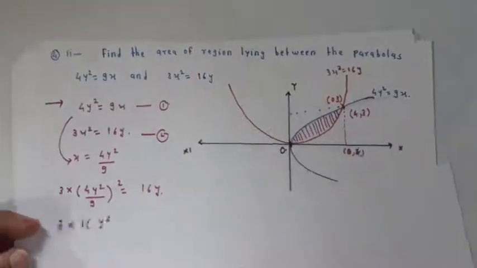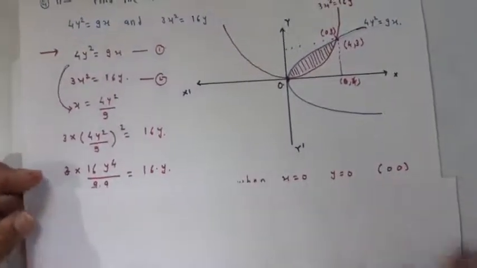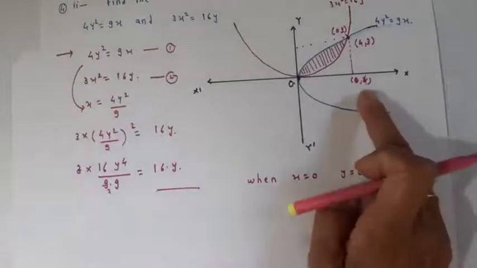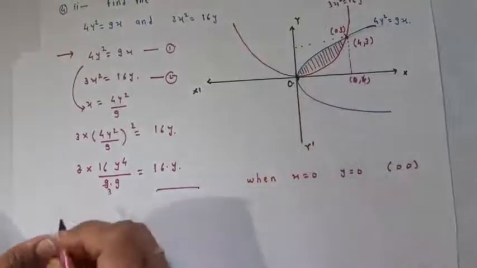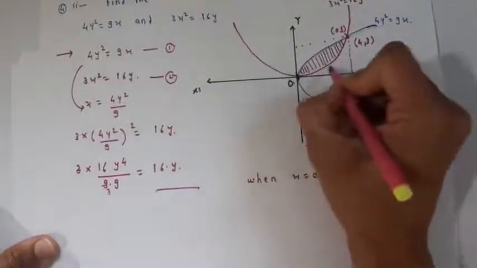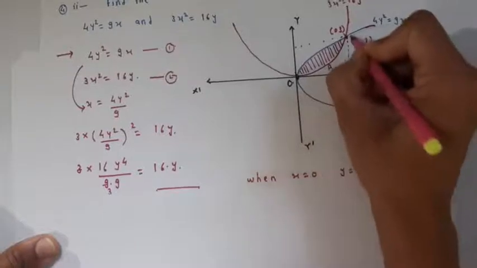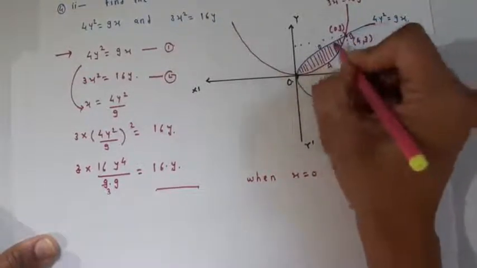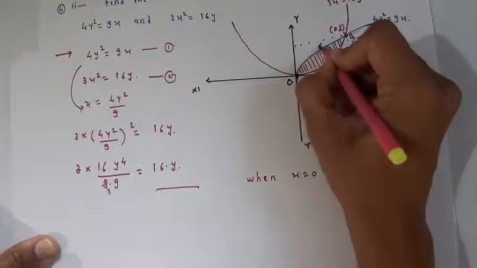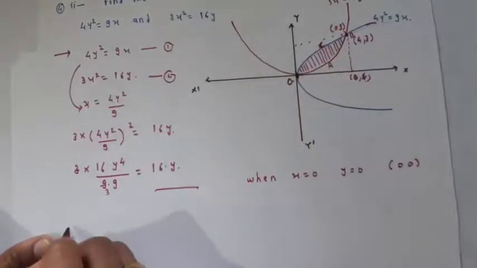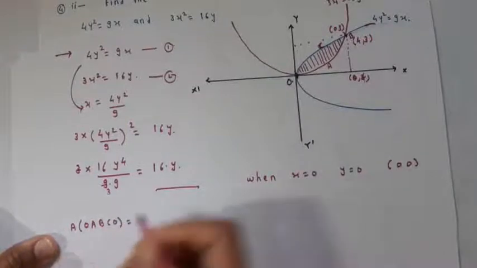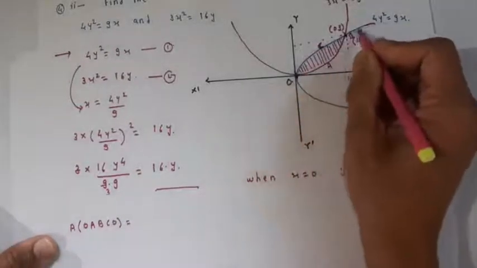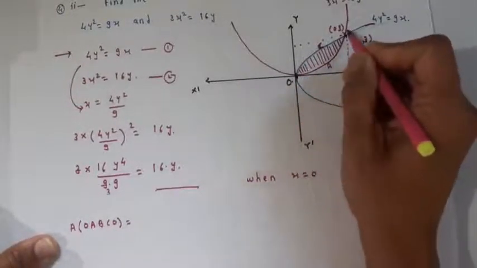Now, to find the shaded region, the required area. Suppose the required area is O A B C O. Area O A B C O equals the area due to the upper curve minus the area due to the lower curve.